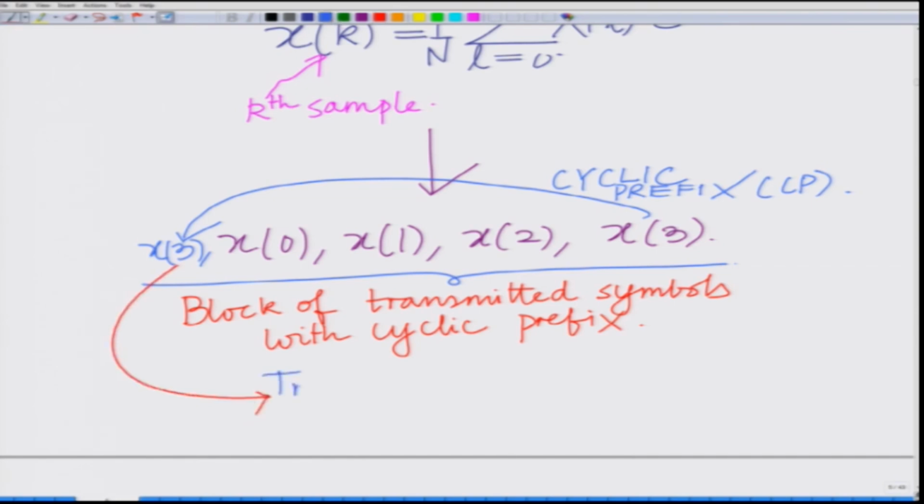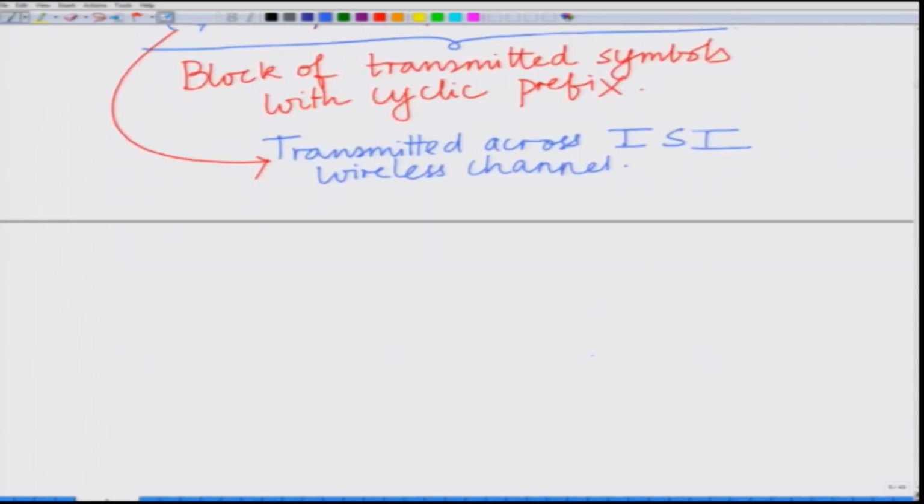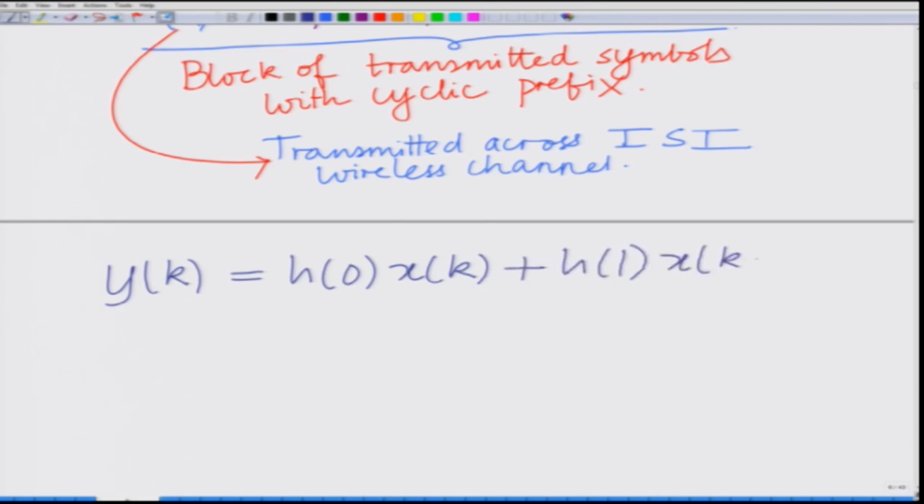This is the block of samples transmitted across your ISI channel, which is yk equals h0 xk plus h1 xk minus 1 plus vk.